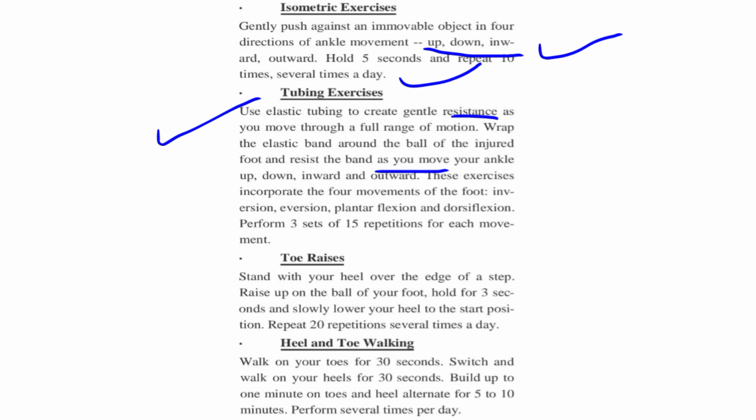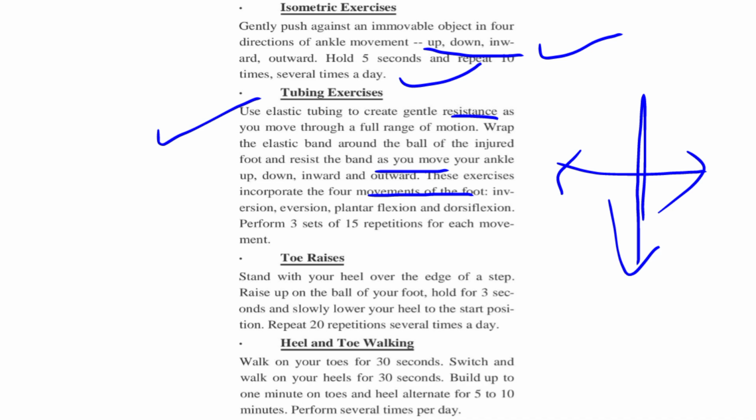You can go for it so that the ankle joint and its muscles strengthen. These exercises incorporate the four motions of the foot: up, down, inward, and outward. Inversion, eversion, plantar flexion, dorsiflexion. You can perform these in repetition.